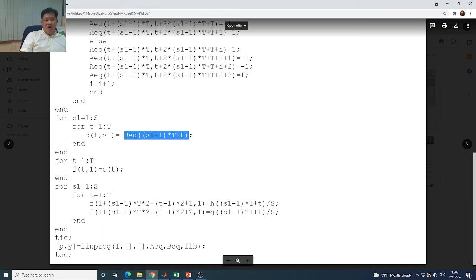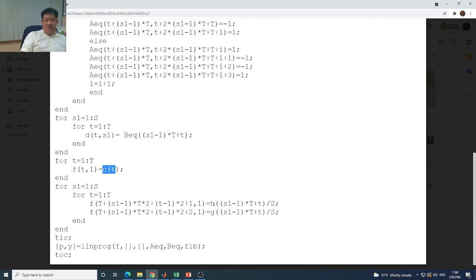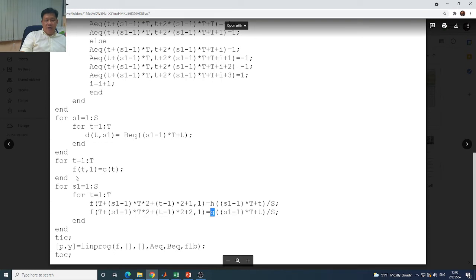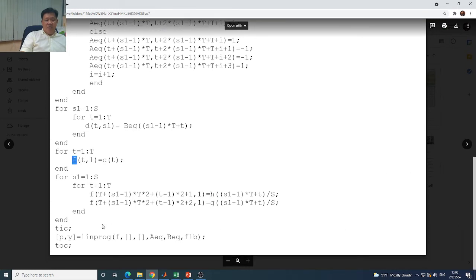And also the cost objective function here: we have C, we have G and H, but we put all of these in sequence into the vector F here. Now we are ready to run the program.